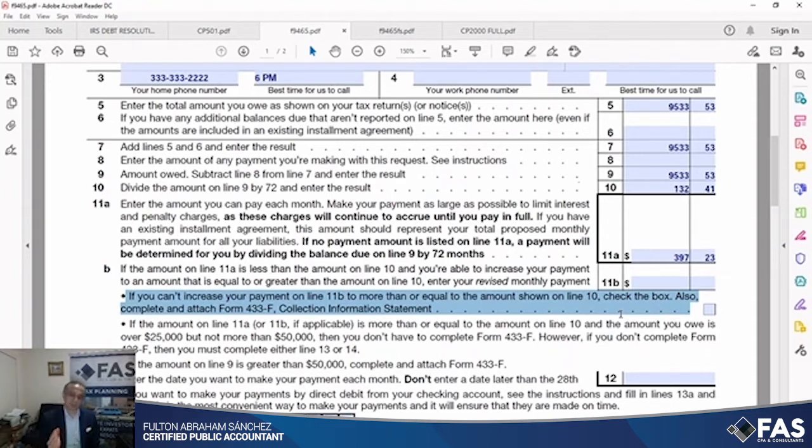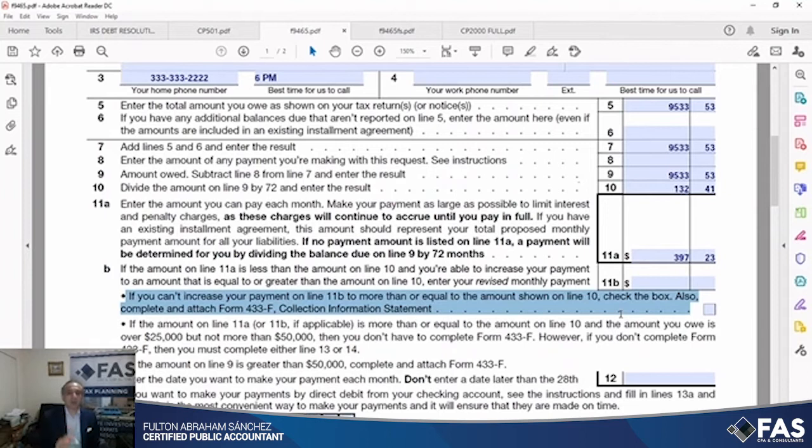But there is a criteria that we will cover when we do the installment agreement. There is even an online criteria that the IRS gives to taxpayers. It's a question and answer where you provide the information, and the IRS will tell you yes, you can apply, or no, you cannot apply.